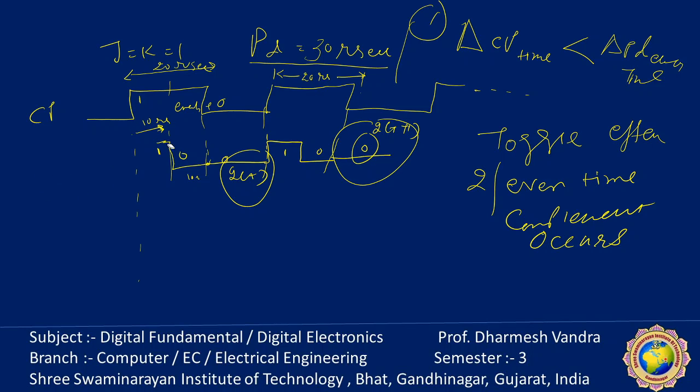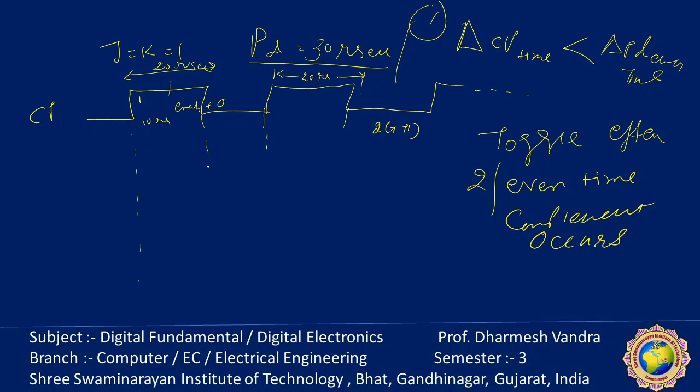The whole situation changes. Q changes from 0 to 1 after 30 microseconds, but after 20 the clock pulse is disabled, so it does not change here and it remains 1.